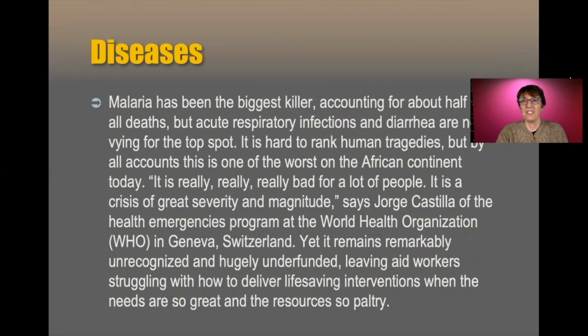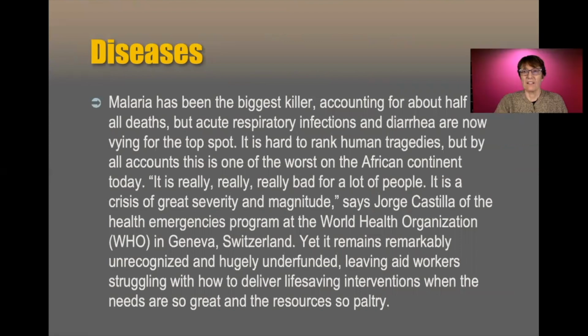So the diseases come from living in these squalid conditions, not having sanitation, being malnourished, and so on. Malaria has been the biggest killer, accounting for about half of all deaths, but acute respiratory infections and diarrhea are now vying for a top spot. It is hard to rank human tragedies, but by all accounts, this is one of the worst on the African continent today.